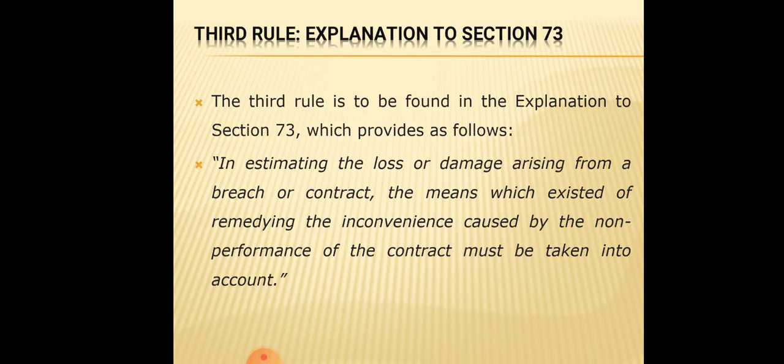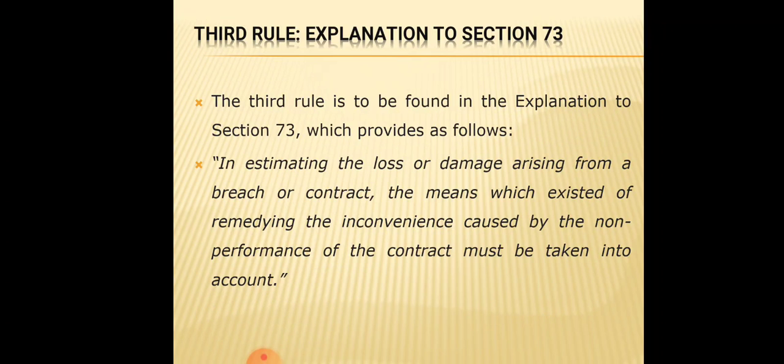Then the third rule under section 73 of the Indian Contract Act: in estimating the loss or damage arising from a breach of a contract, the means existing of remedying the inconvenience caused by the non-performance of the contract must be taken into account.